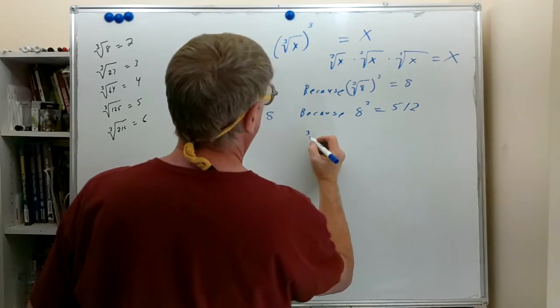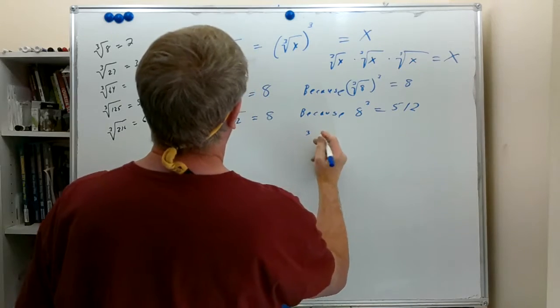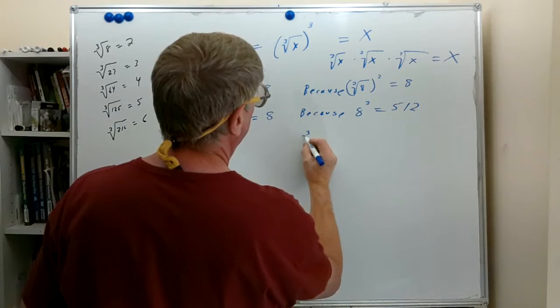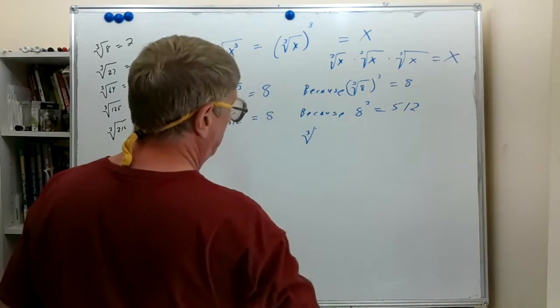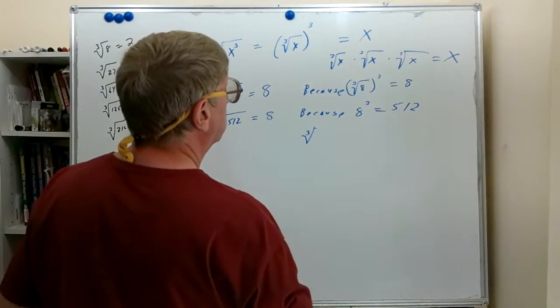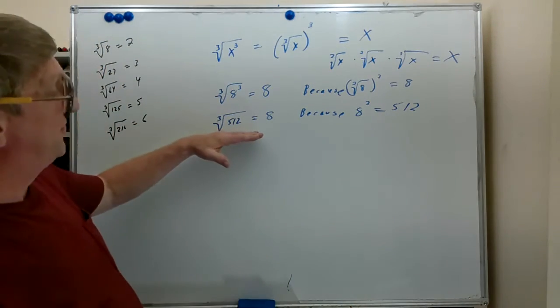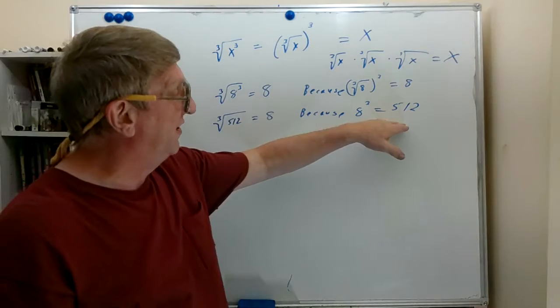Here's what it should be. We don't put the third power here. So we just have the cube root of 512 equals 8. We've already done that. The cube root of 512 equals 8 because 8 cubed equals 512.